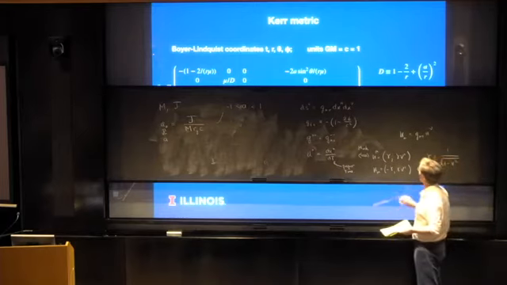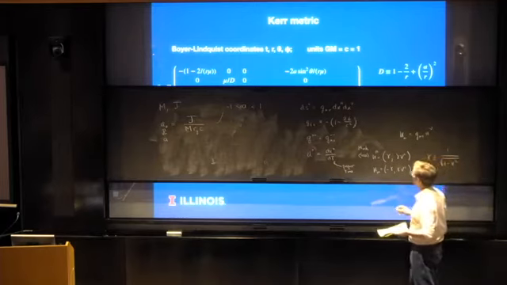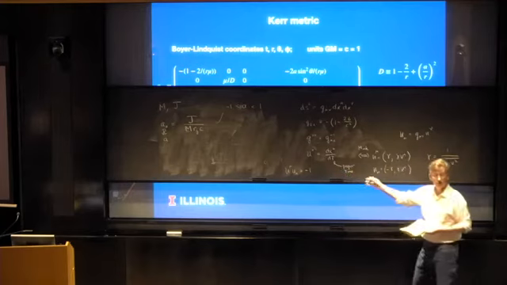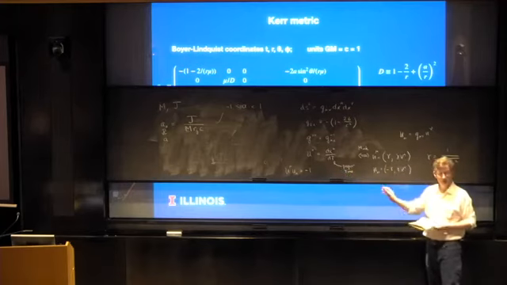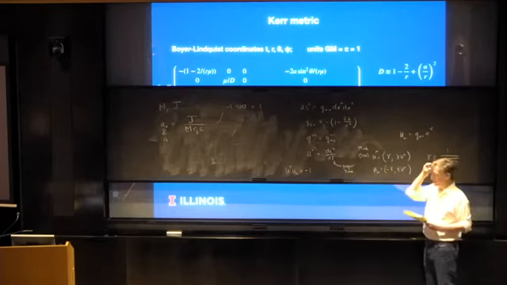The next important feature of the four-velocity is that it's normalized this way: u^mu u_mu is minus 1. You can think of this as a sort of definition of proper time.